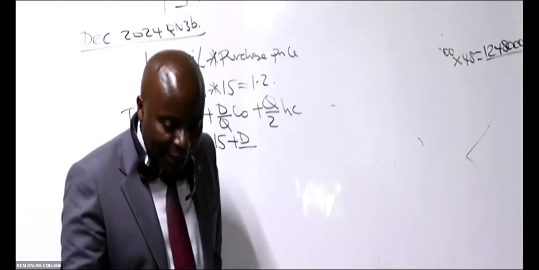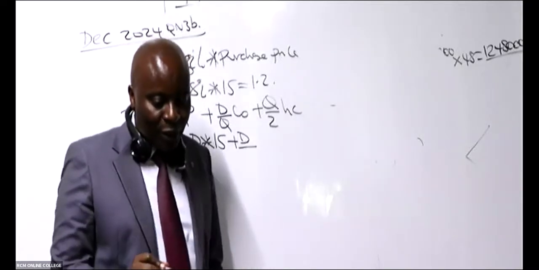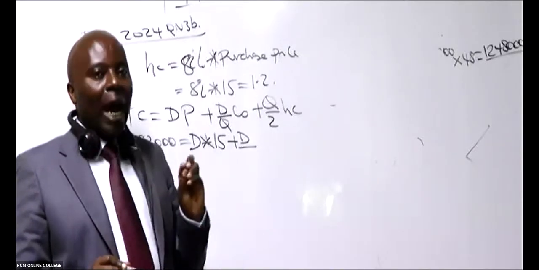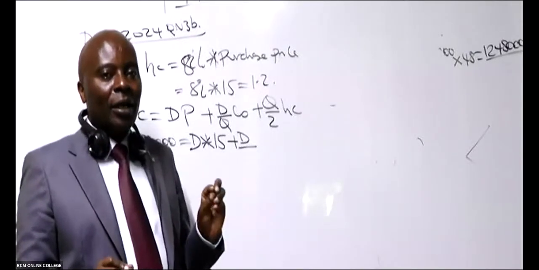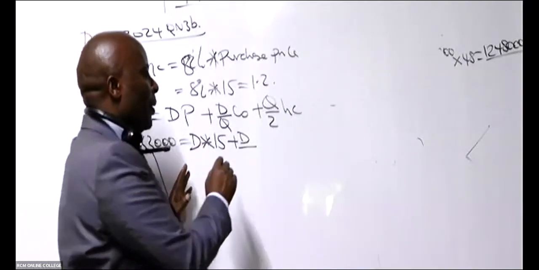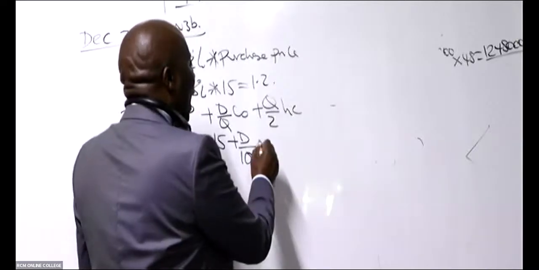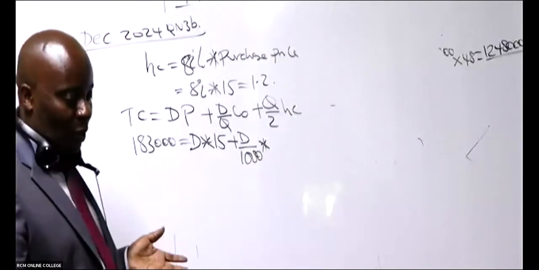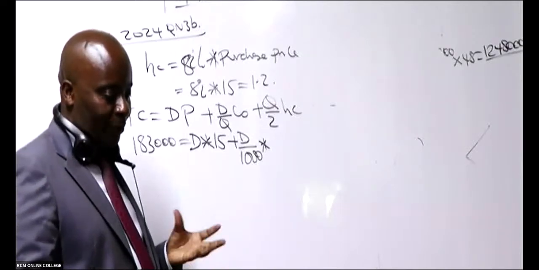Is it 12,000? No. Remember, there is a difference between annual demand and EOQ or Q. Q is 1,000. Thank you very much. Have they given us the cost per order?